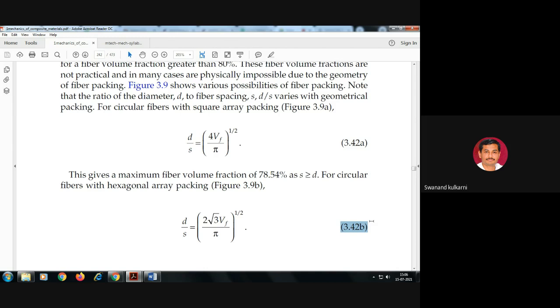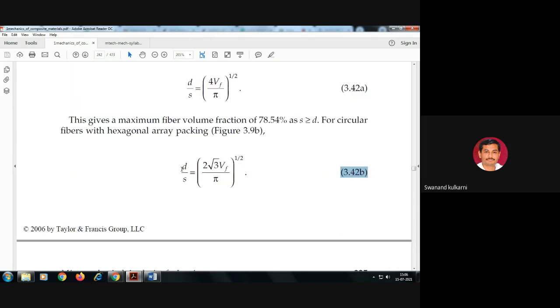When arrays are circular and the fiber spacing is given by S and the diameter is given by D, for the square structure D by S is given as (4 Vm upon pi) raised to 1 half, and for the hexagonal array D upon S is 2 root 3 Vm upon pi raised to 1 half.